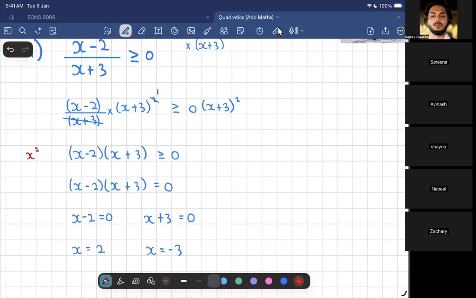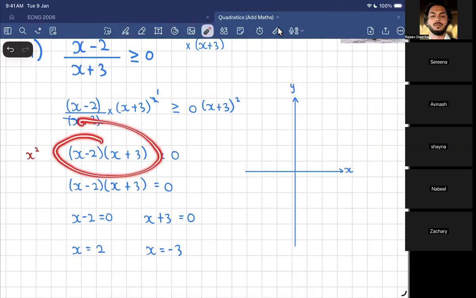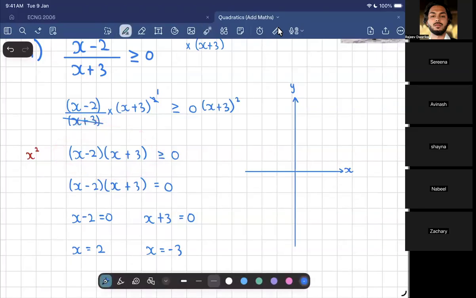Yes, sir. So now I'm going to draw my graph. Did you understand why I said that my quadratic curve would have been a minimum? If you were to expand this out, x by x is positive x squared. So that makes sense, right?